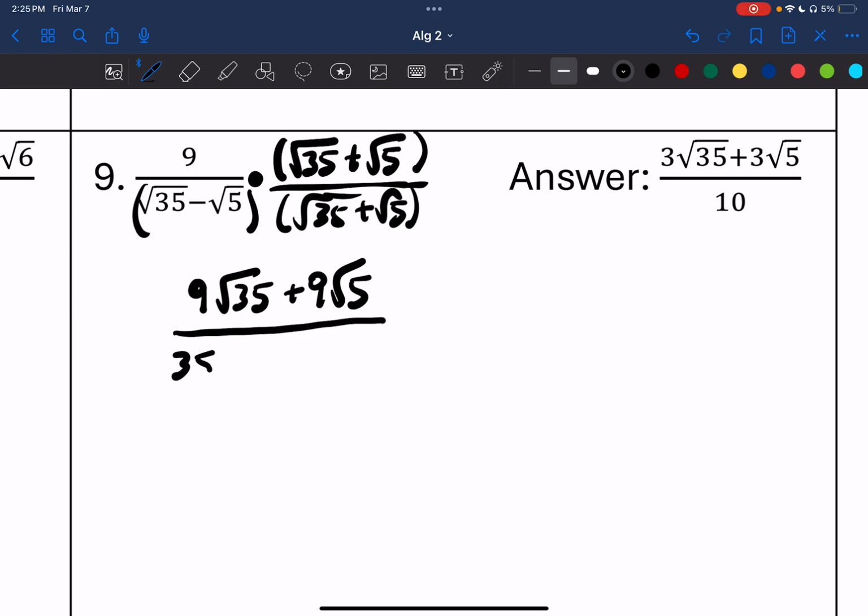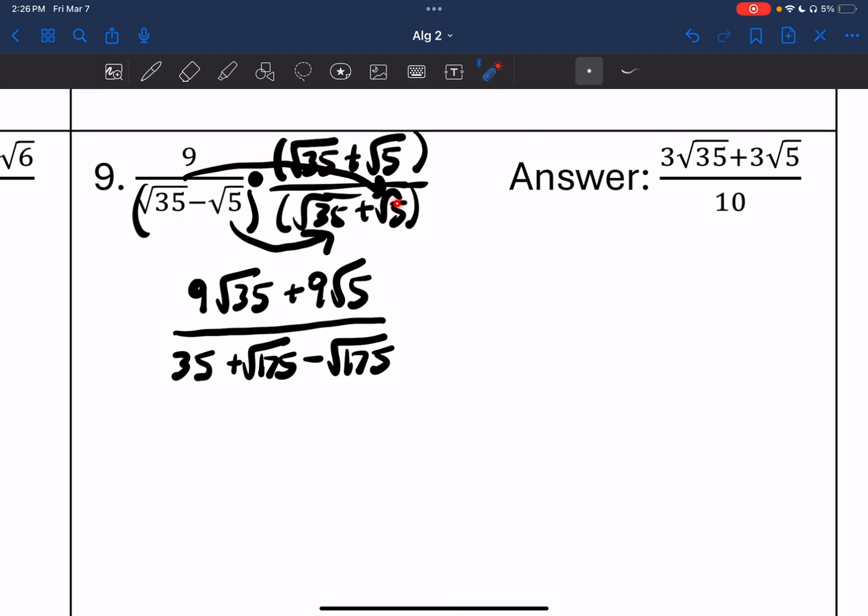That gives you 35. Root 35 times root 5 is going to give you positive square root 175. Double check me if you don't believe me. I apologize if I'm wrong. Minus 175, so the first one comes from when we do this times that, and the second one comes from this times that.